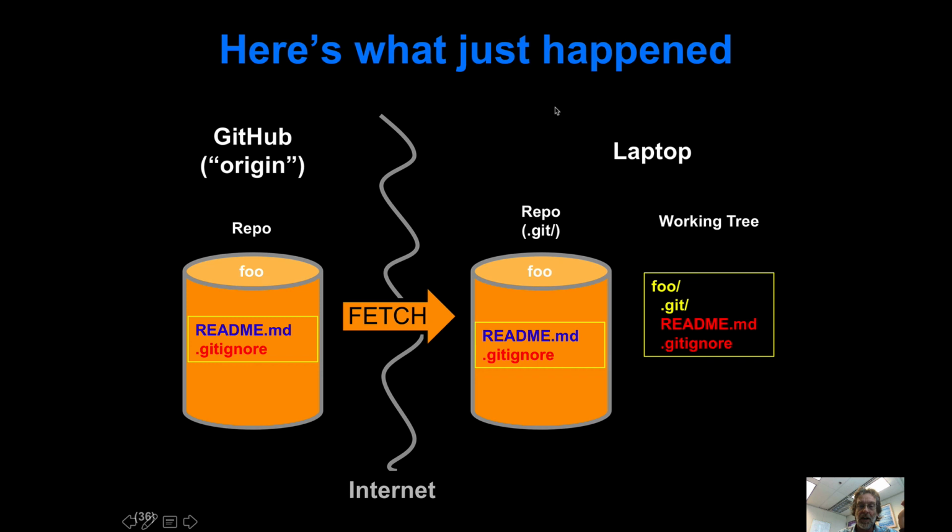All right. So what's happened is the fetch command has taken any changes from the origin repo and put them into my local repo. So now the updated version of readme.md, represented by the blue text, has gone from GitHub to my local repo, but unfortunately, my working tree does not show those changes yet.